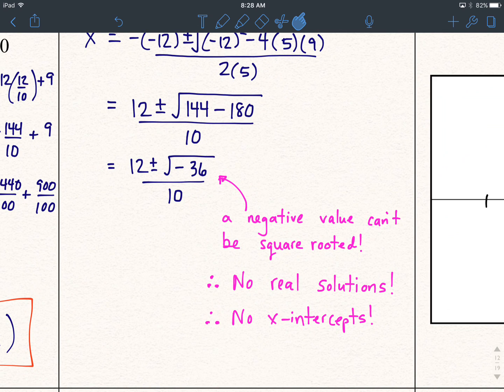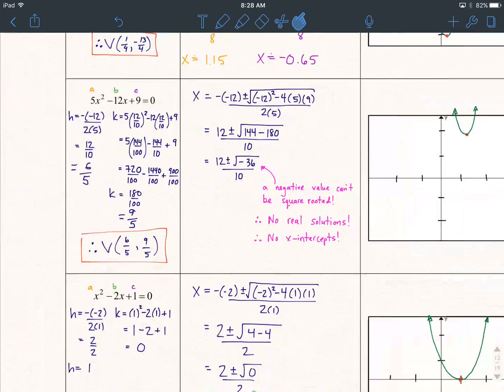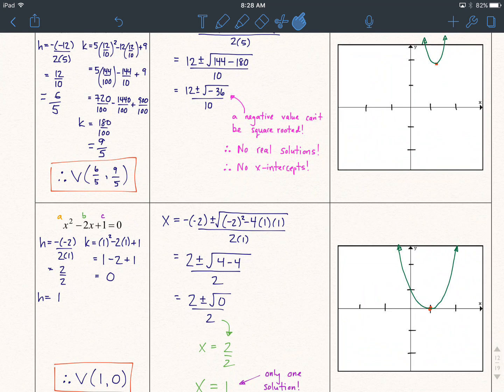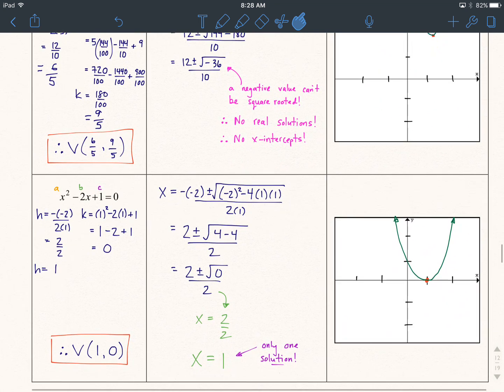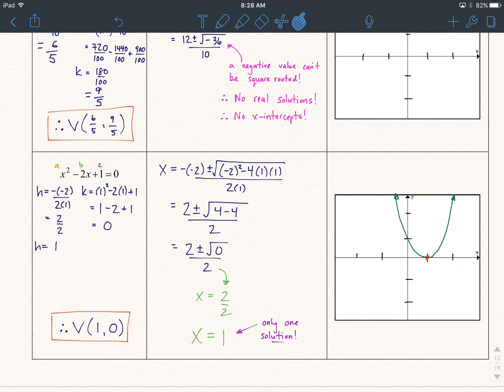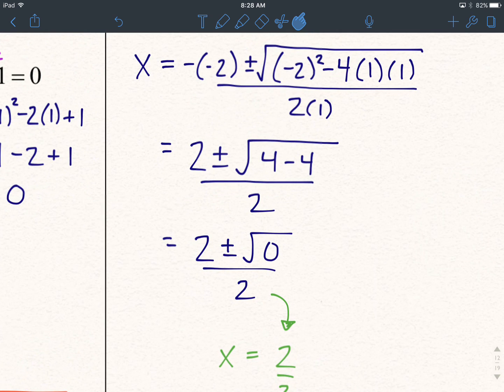As we know from rearranging and square rooting, anytime you have a negative value under the radical sign, you're not going to have any real solutions. The third example, x squared minus 2x plus 1, you'll see that when we work it through, it turns out there is only one solution because we actually have a 0 under the radical sign.